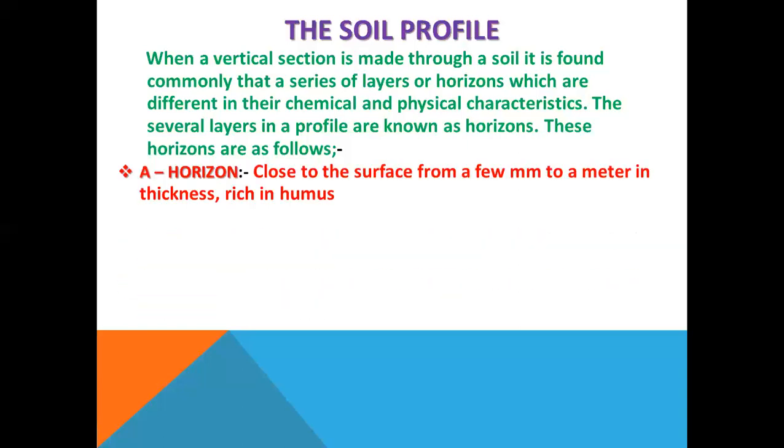Number one, A horizon, close to the surface from a few centimeters to a meter in thickness, usually rich in humus, is often described as eluvial horizon because it commonly has had material removed from it and carried down to the B horizon.